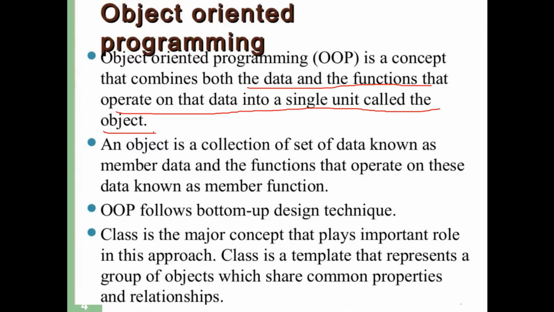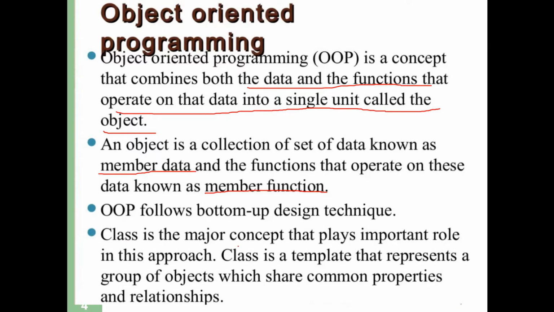An object is a collection of a set of data known as member data, and the functions that operate on this data are known as member functions. So you should remember two things: member data and member functions. Whenever we create any class, within the class we have to declare the member data as well as the member functions.